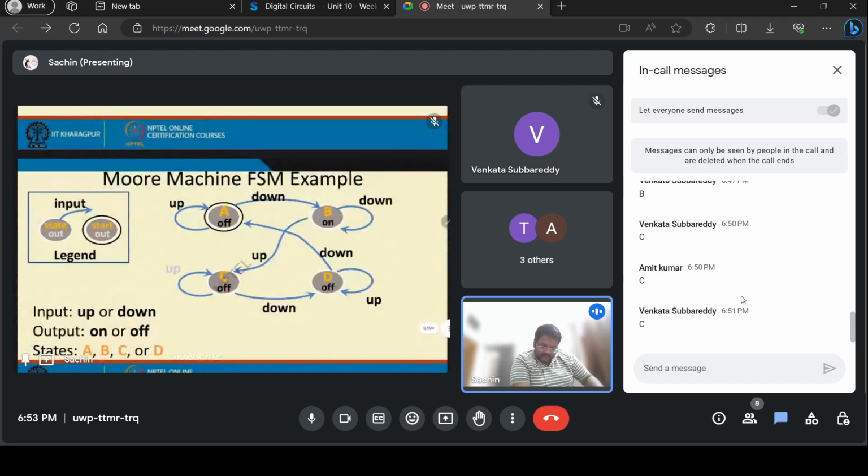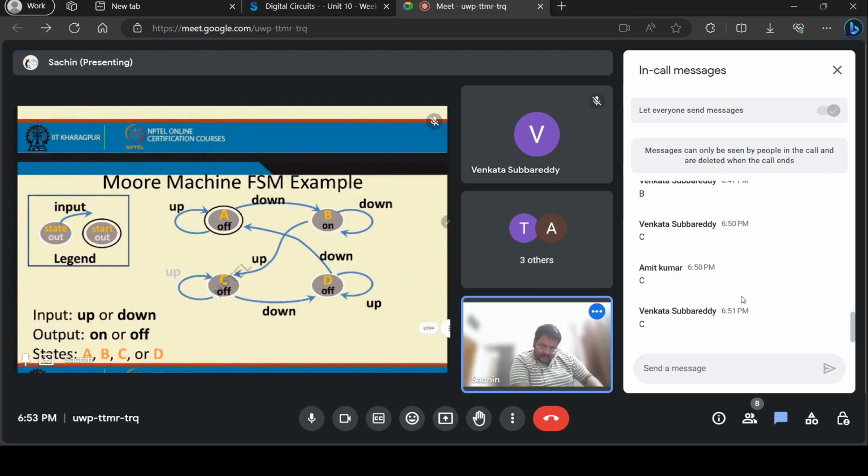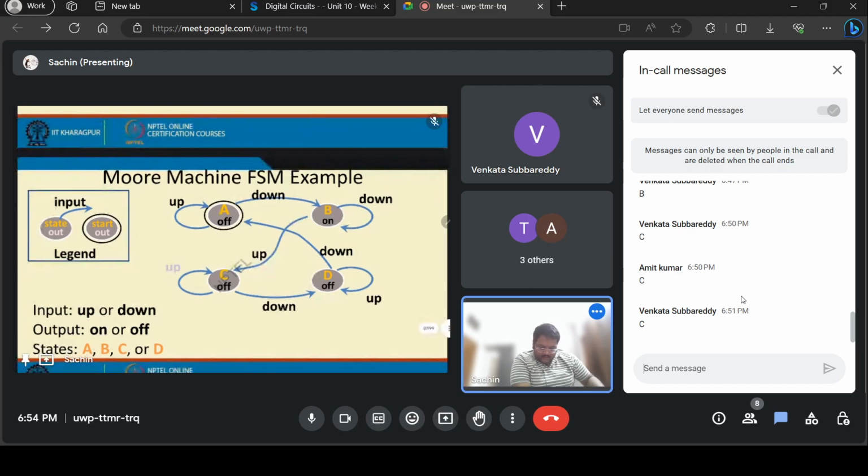This is the Moore machine. In the Moore machine, the transition of states happens only because of the inputs and the output doesn't change. Output depends only on the state, right?